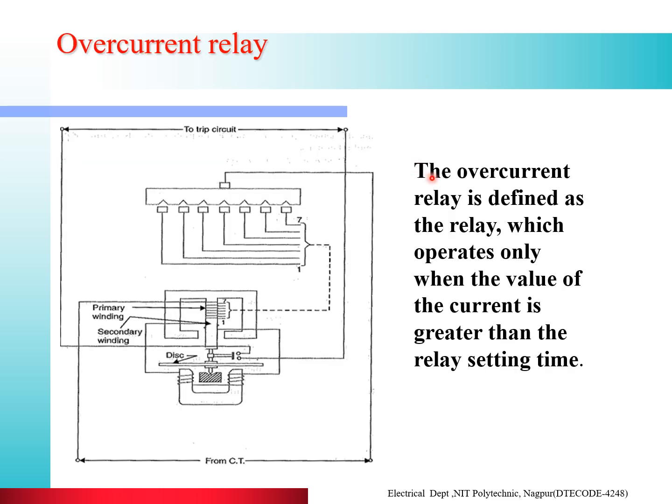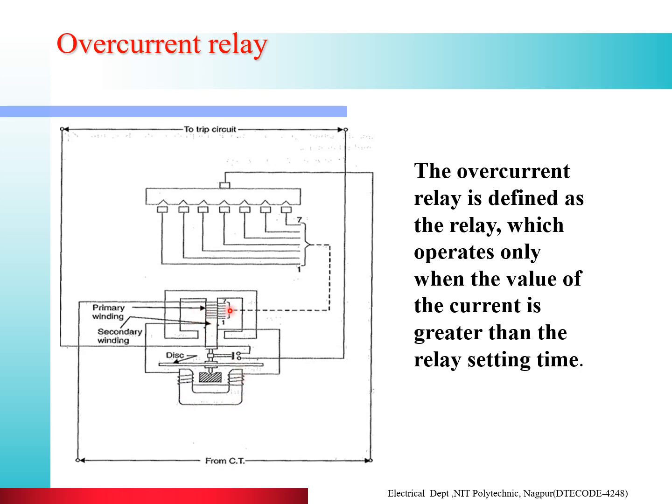What is an overcurrent relay? The overcurrent relay is defined as the relay which operates only when the value of the current is greater than the relay setting. So, in this diagram, we have the watt-hour meter structure. Here, this E shape is the upper magnet, and this U shape is the lower magnet.